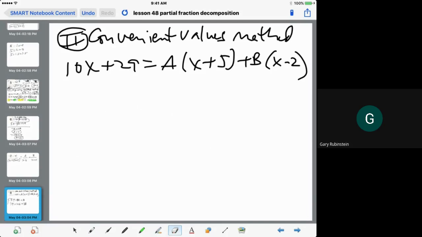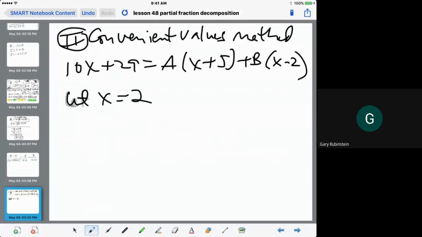Now, the convenient values method says if it's true for any x value, and I see Jonathan had said, what if I put in the value x equals 2? Let x equals 2. What's so convenient about putting 2 in as opposed to 3 or 5?